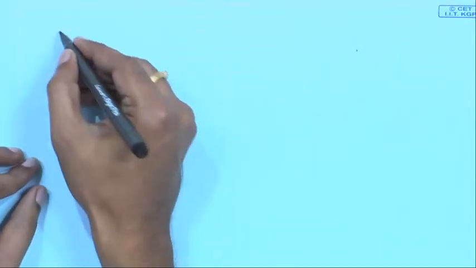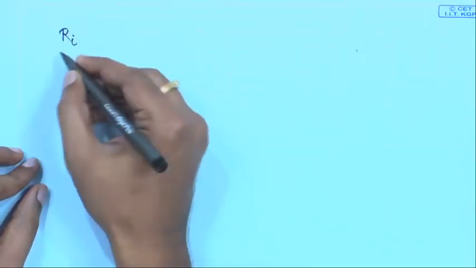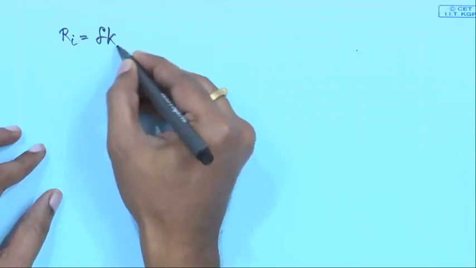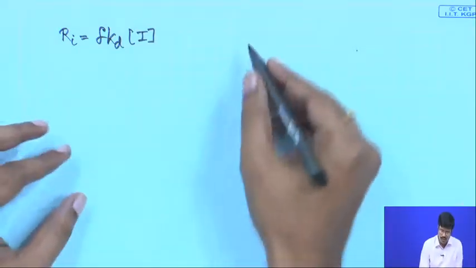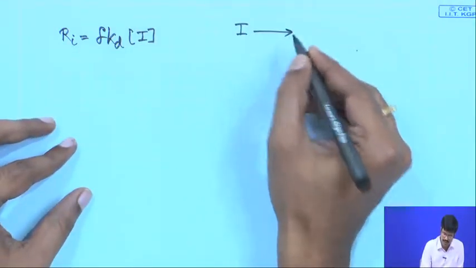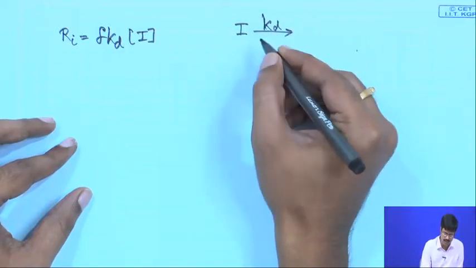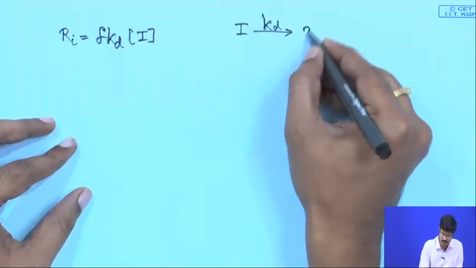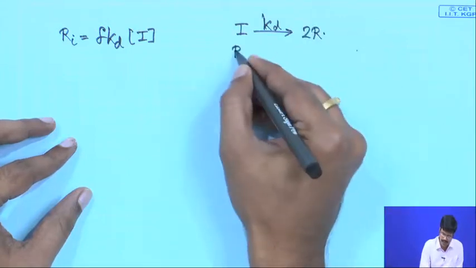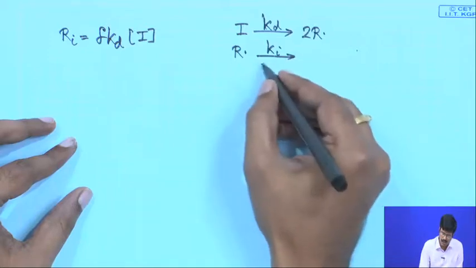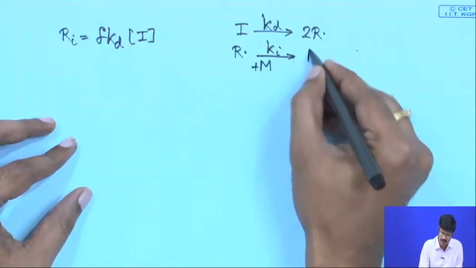Now, what is Ri? Ri, that is rate of initiation, is f kd into I. This needs some explanation. You have your initiator species that is dissociating with a rate constant of kd, this is the dissociation rate constant, and it is forming 2 R dot, and in the next stage this R dot is reacting, with Ki, with a monomer to produce M1 dot.